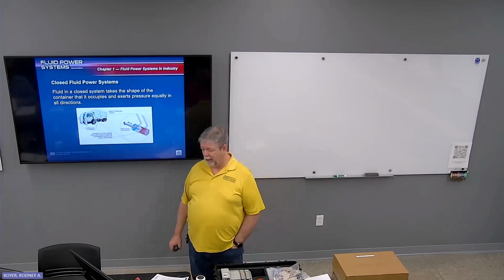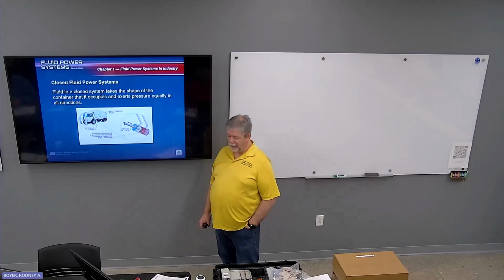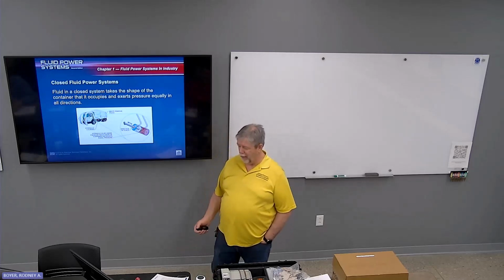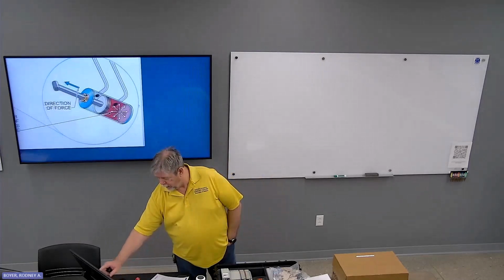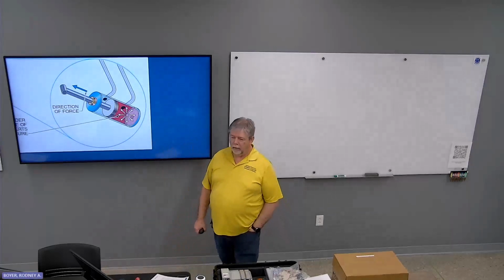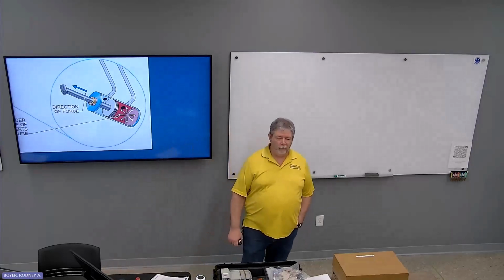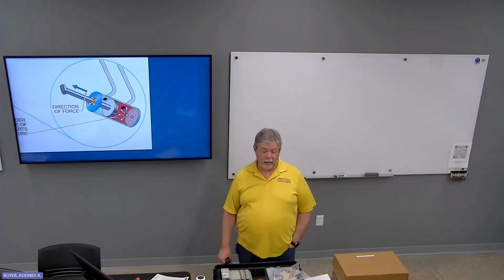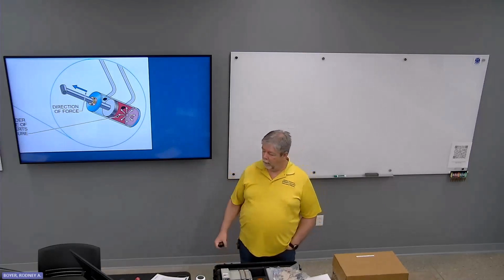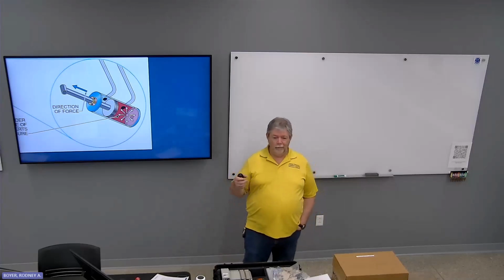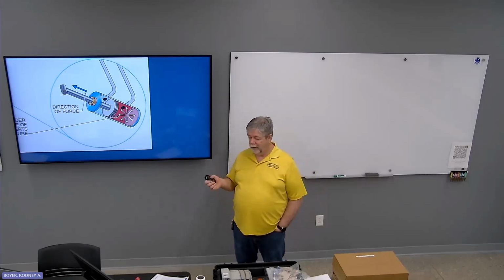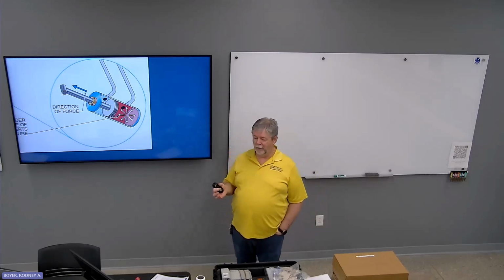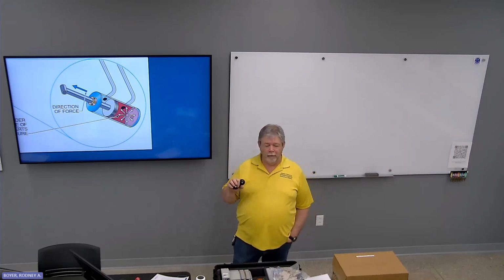A fluid power system takes the shape of the container it occupies and exerts pressure equally in all directions. So basically, when you enclose any kind of fluid, whether it be air, which is considered a fluid, or oil, water, acid, whatever the fluid is, when you contain it and you exert a force on it, it creates pressure in it.